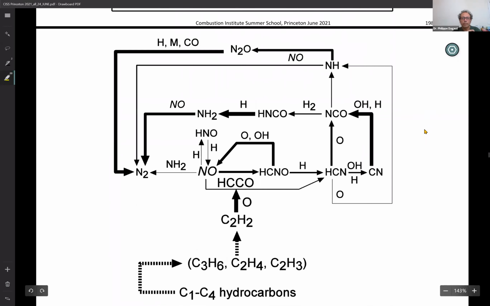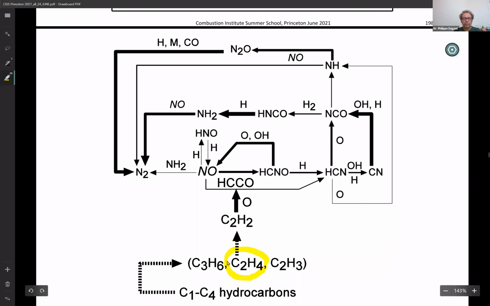Once we've studied all these reactions, all these systems, we can summarize by saying that C1 to C4 hydrocarbons will produce some intermediates like ethylene, which is most likely the main intermediate of importance. The vinyl radical, and in some conditions, especially when you have a C4 fuel, you will get propylene.